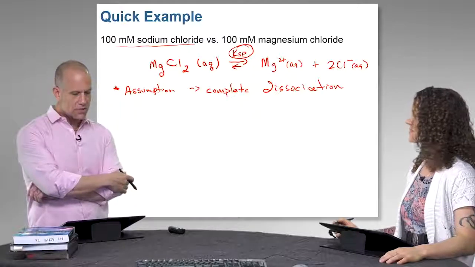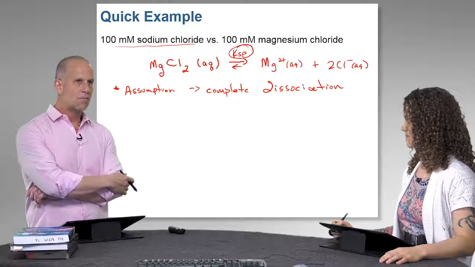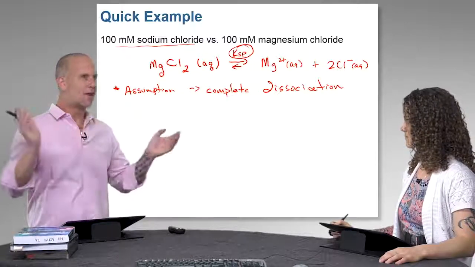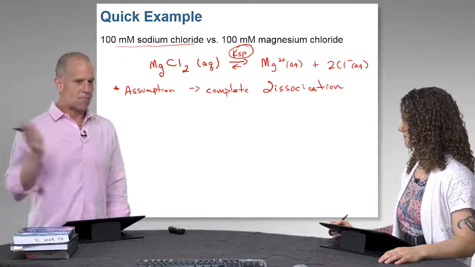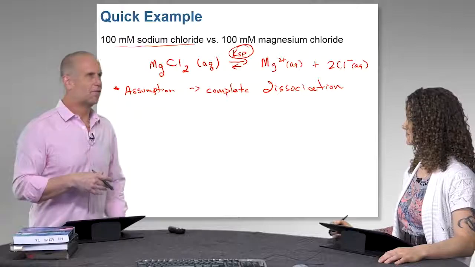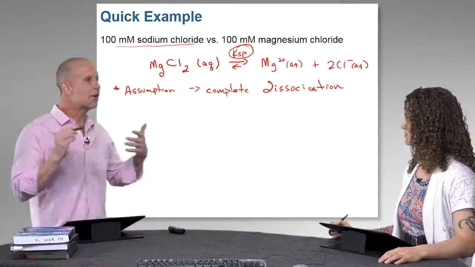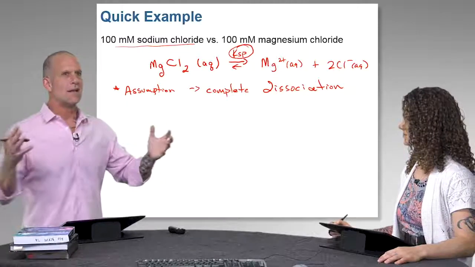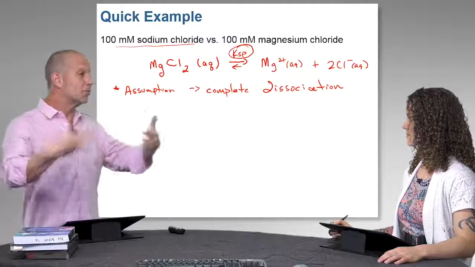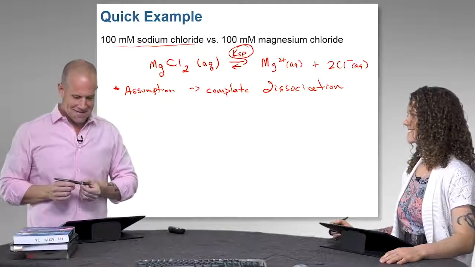Right. But a lot of times when you see these problems initially, it's just like, you have calcium sulfate and potassium chloride, you have 50 millimolar of this and 100 millimolar of that. What's the ionic strength? They often don't specify. So it's never a bad idea to say, I'm assuming these are completely dissociated in solution.